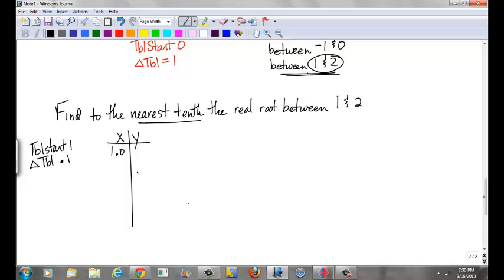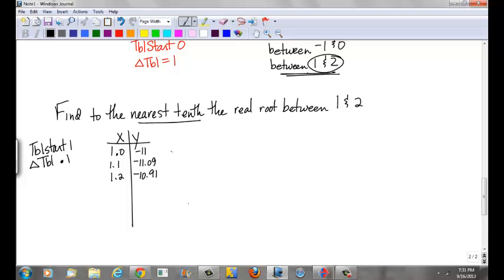Now what we're looking for is where it's changing in sign. You should have like a -11.09 for 1.1, 1.2 is -10.91. They're all negatives.